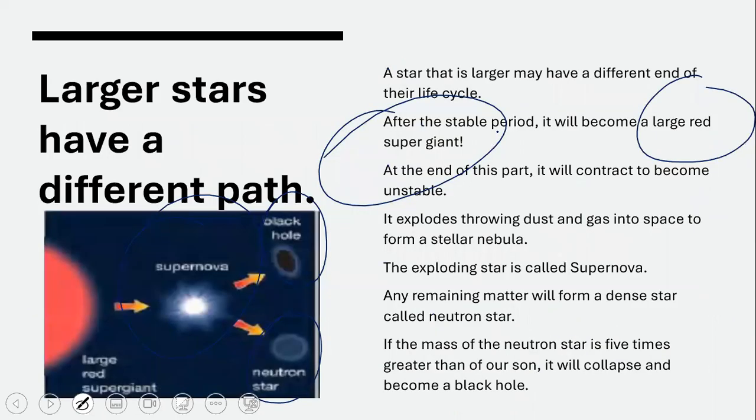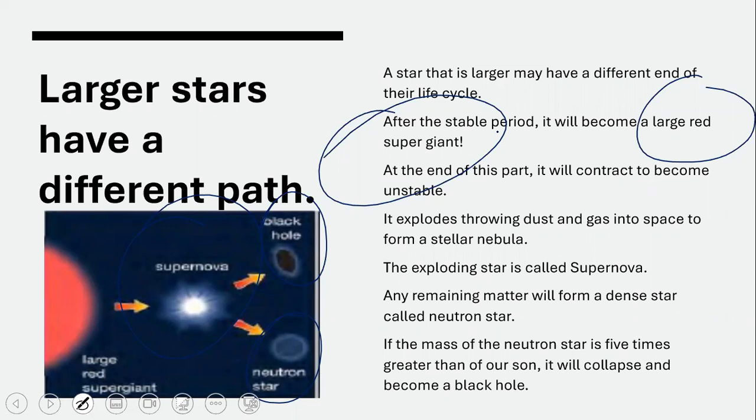For a large star, what will happen? It will have a protostar, stable period, and then it will become a large supergiant. After the supergiant, it explodes as a supernova. The name of an exploding star is supernova.